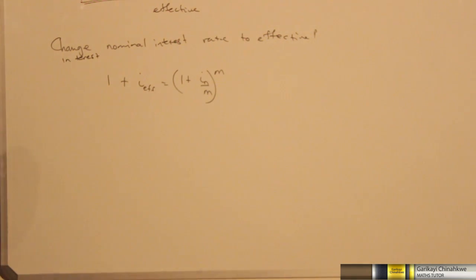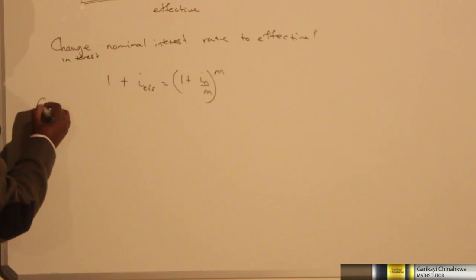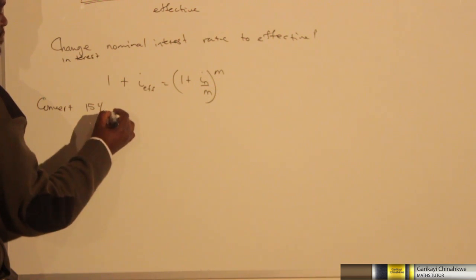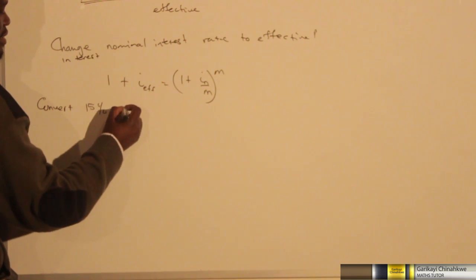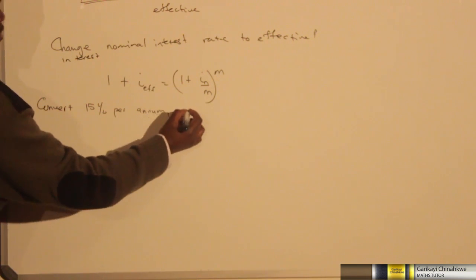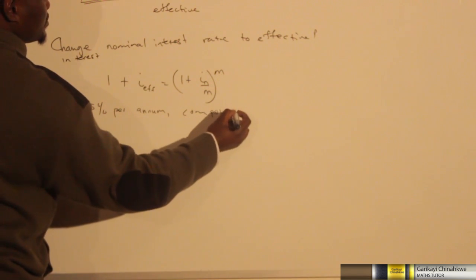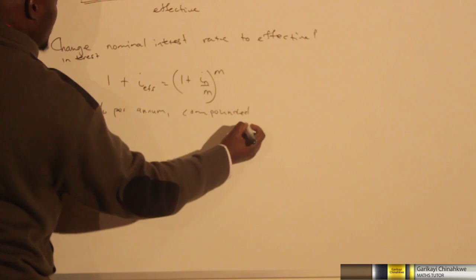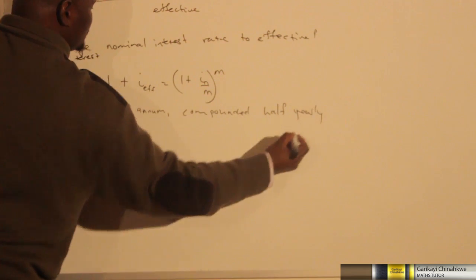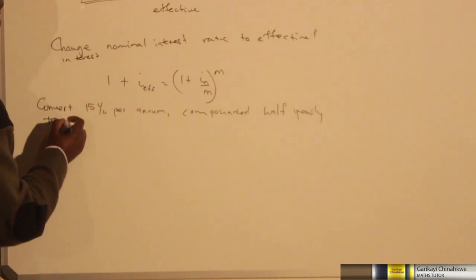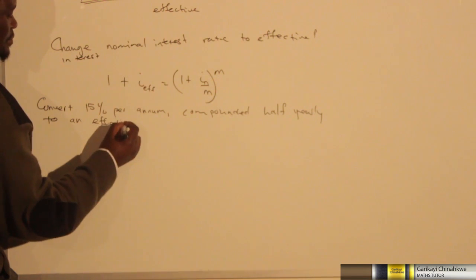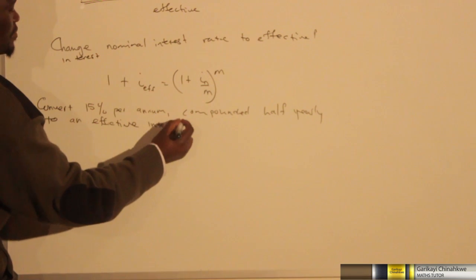For example, they can say convert 15% per annum compounded half yearly to an effective interest rate.